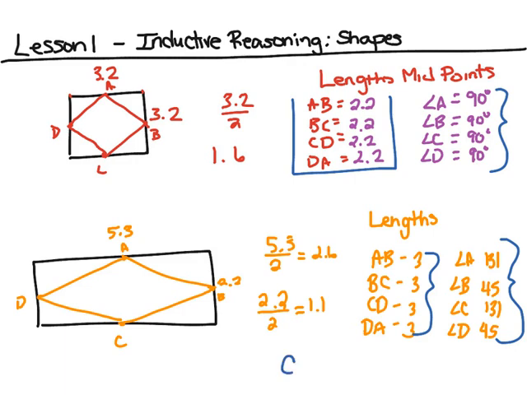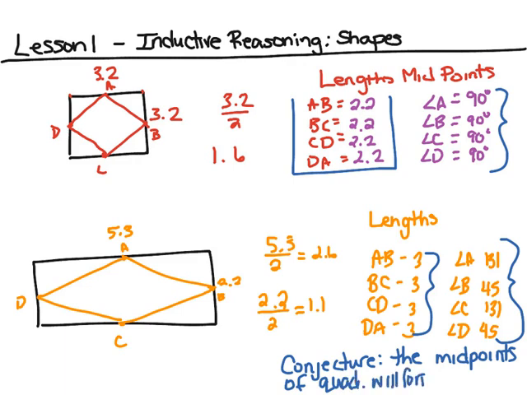So we're going to make a quick conjecture here, and then we're going to test it with our last two examples. So that the midpoints of a quadrilateral will form a rhombus.